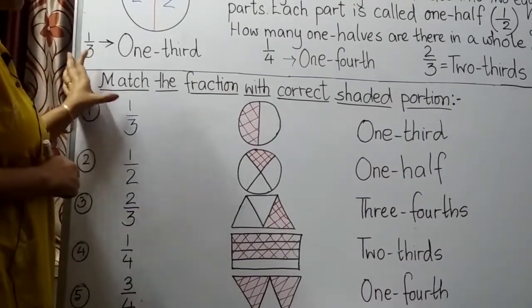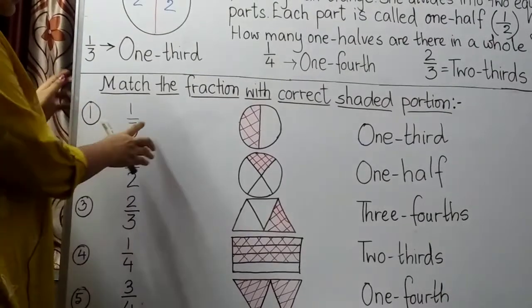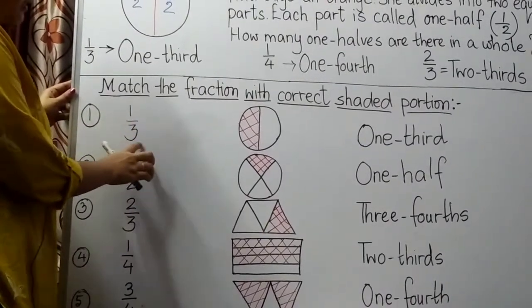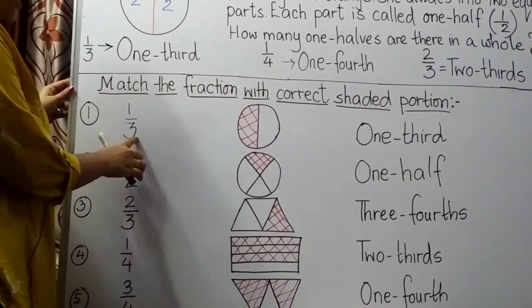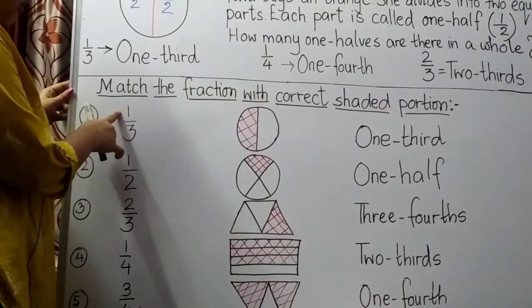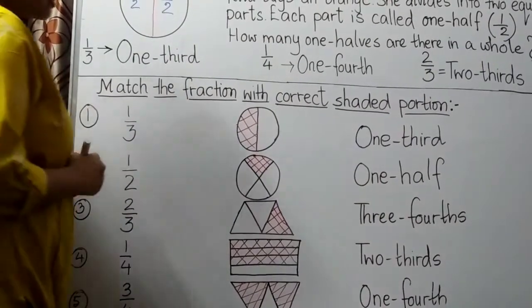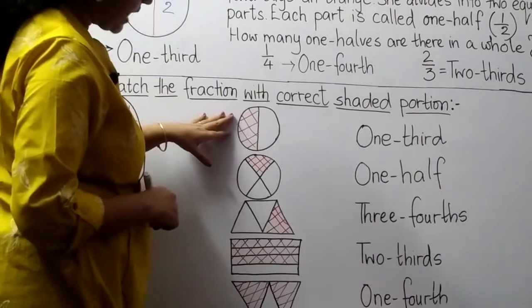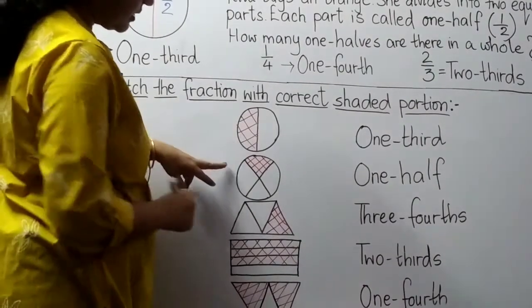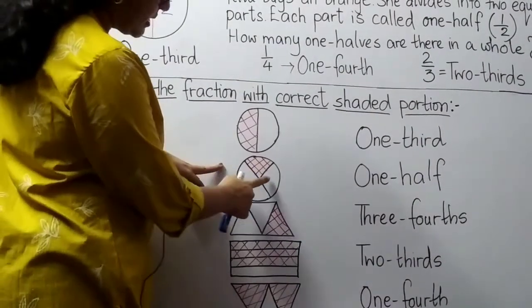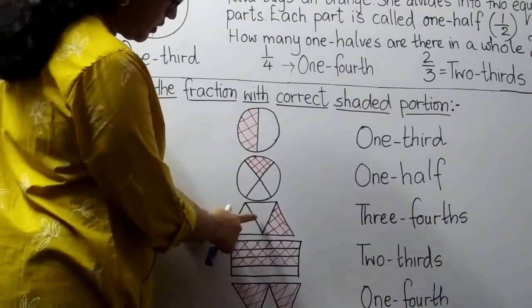First comes 1/3. That means total number of parts are 3. Among that, one part of the object is shaded. Let us search. This diagram has 2 parts. This has 4 parts. This diagram has 3 parts.